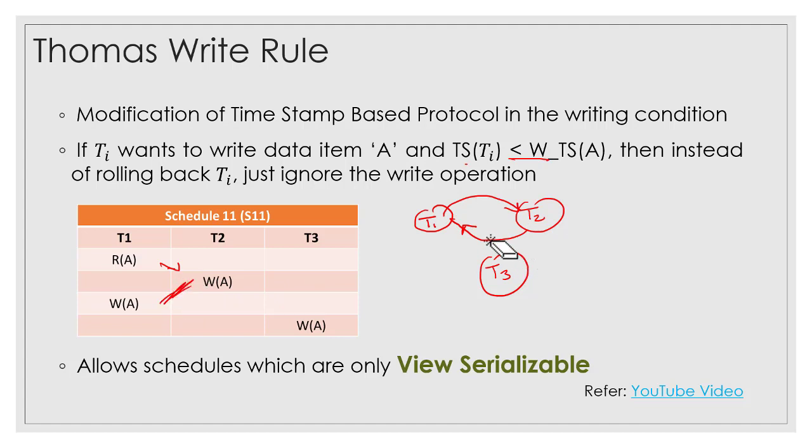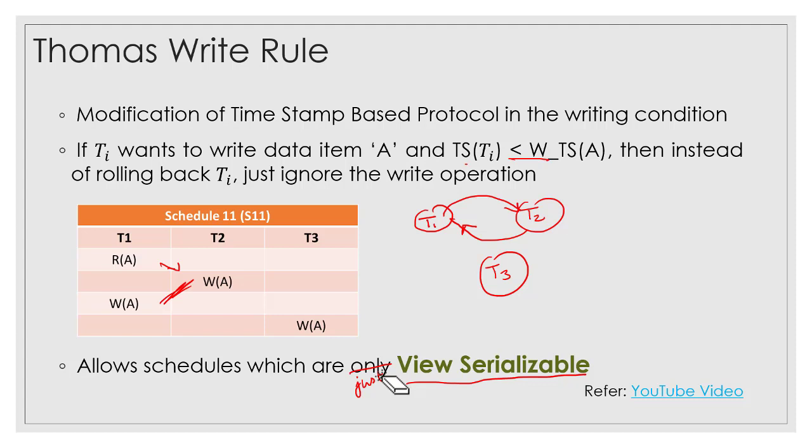Now as there is a cycle in the precedence graph, we can surely say that it is not a conflict serializable schedule. But schedule 1, we have already discussed, is a view serializable schedule. And from here we can say that with the Thomas write rule, we are allowing view serializable schedules.